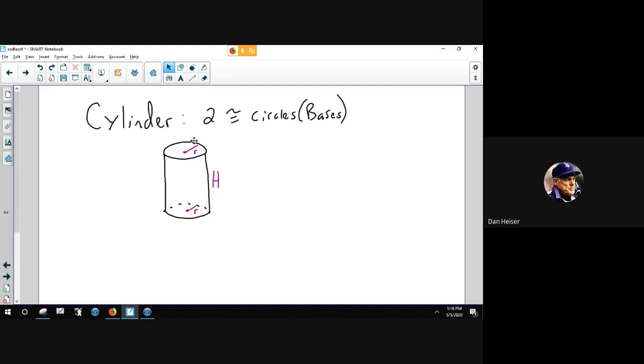We have two bases that are circles, and then this lateral space here, think of it as like a wrapper on a can of soup, like a soup label. That is constant curvature. So we have two congruent circles, and then we have this curved space going around. And we'll look at cylinders a little more in depth shortly.